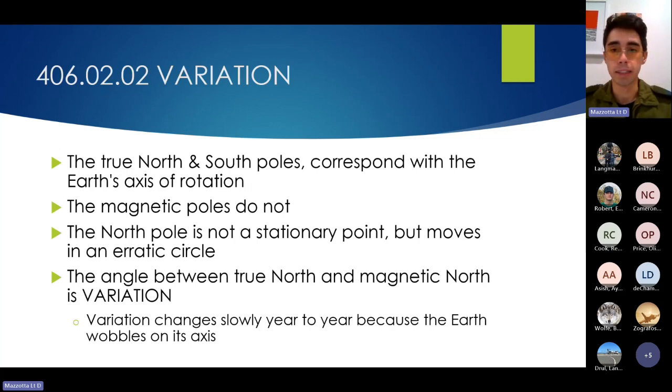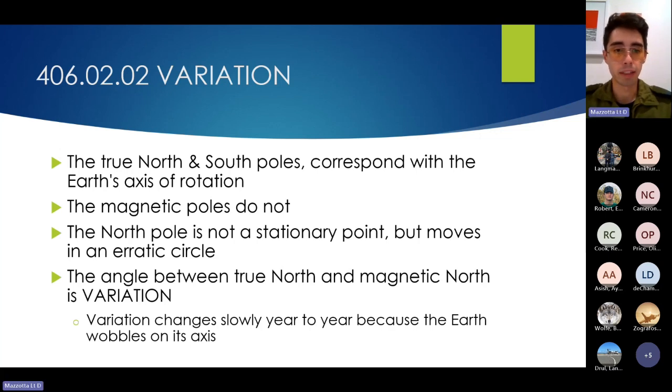That's a very common exam question, especially when you talk a little bit more about navigation. What's the definition of variation? It's the angle between the true north and the magnetic north. And variation does change year to year because of the Earth's wobble on its axis.